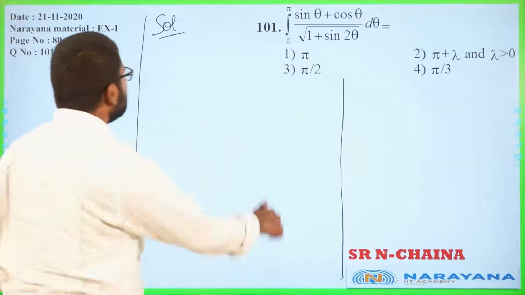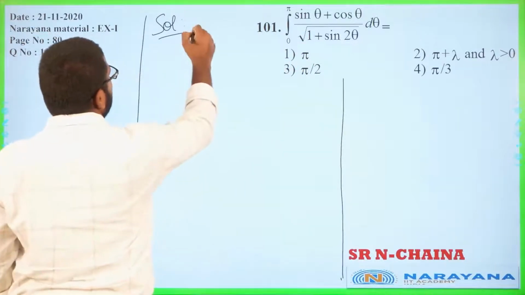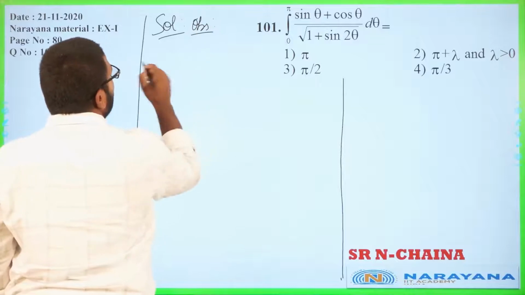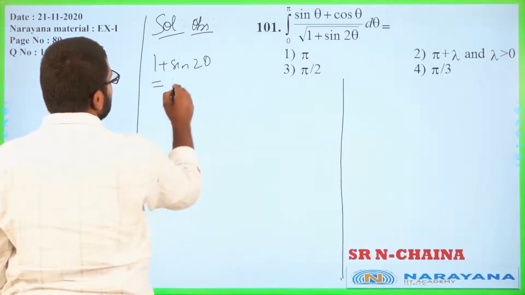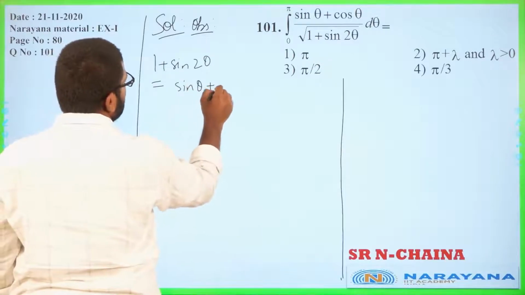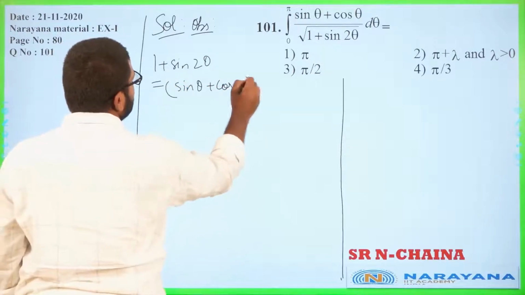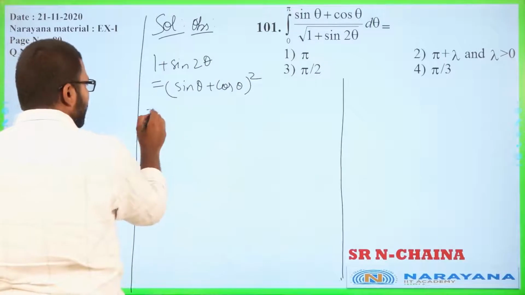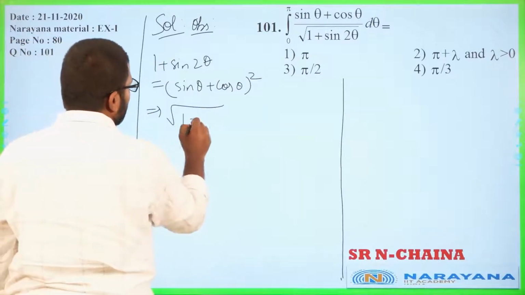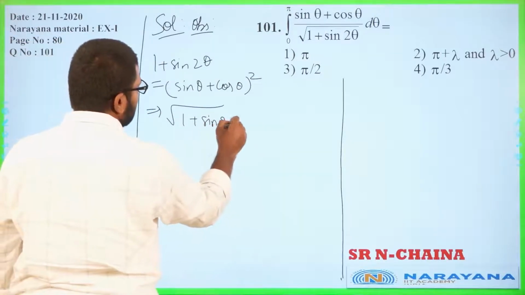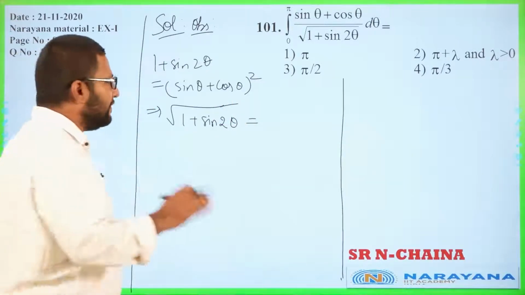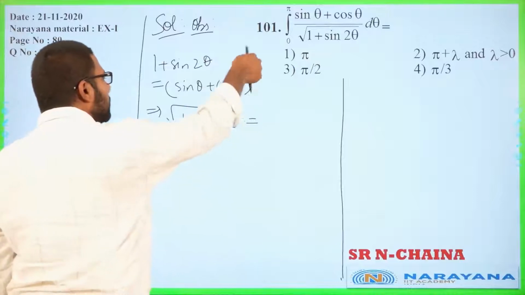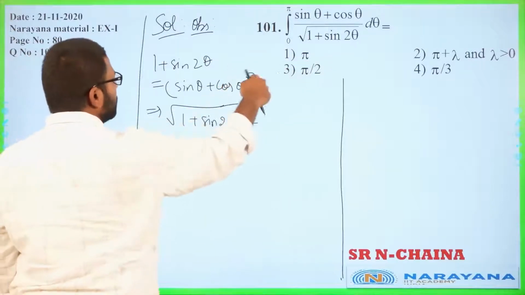What I am going to say is, observe, 1 plus sin 2 theta is basically sin theta plus cos theta the whole square, which means under root 1 plus sin 2 theta, since I said that square roots are defined to be positive, I need to take the positive value of what happens when I remove the 2.